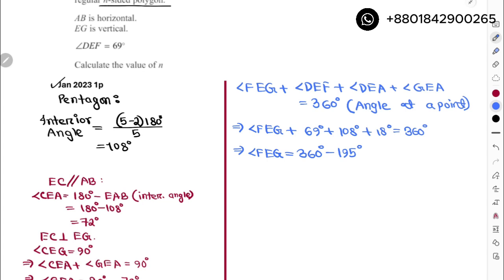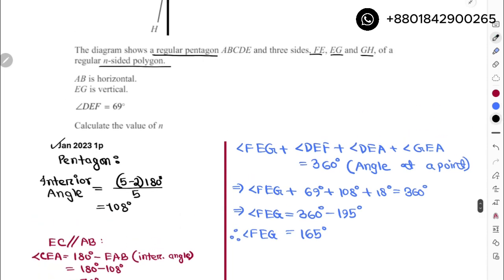So 360 minus 195 is just going to be 165 degrees. Right? So this was your interior angle of that inside polygon.